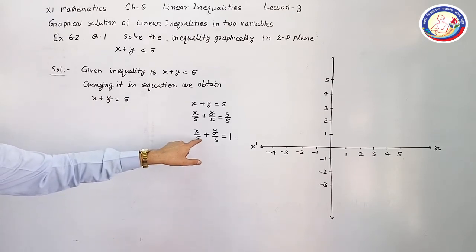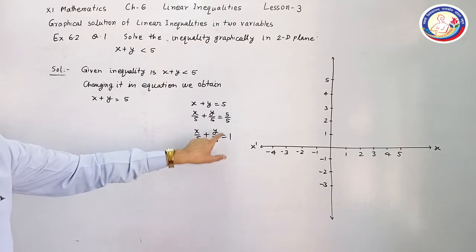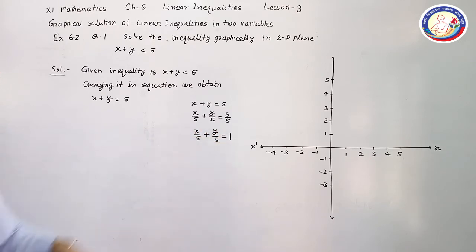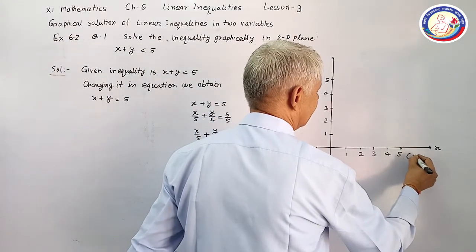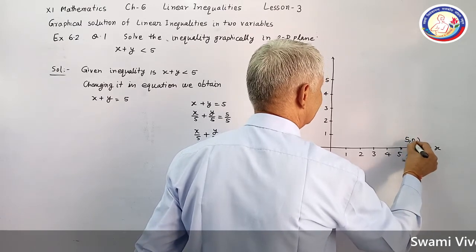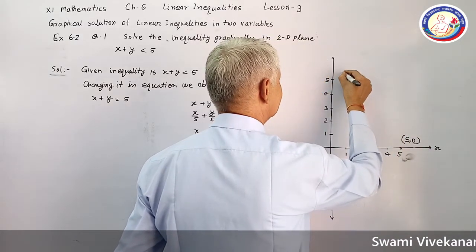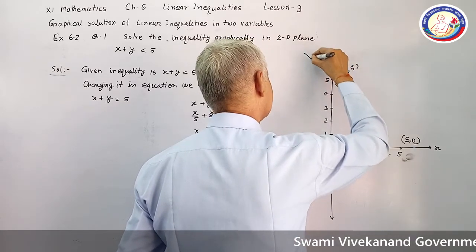Here the intercept on x-axis made by this line will be 5, and on y-axis also it will be 5. It means the line will pass through 5, 0 on x-axis, and on y-axis it will be 0, 5. Join these 2 points.